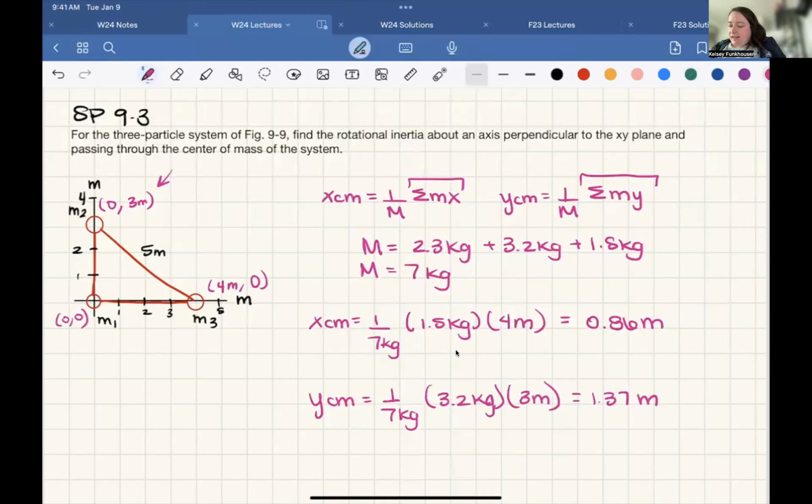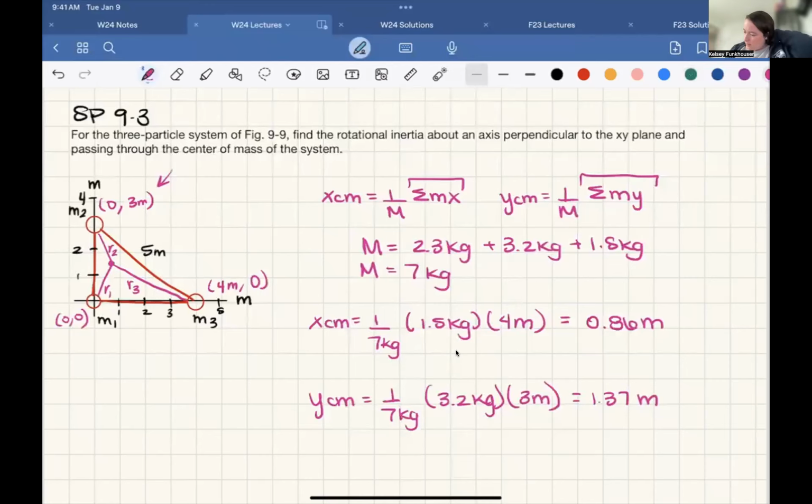In order to find the moment of inertia about the center of mass, we need to figure out how far each of our masses is from that. So it's somewhere like this-ish. So we have R2, R1, and R3.